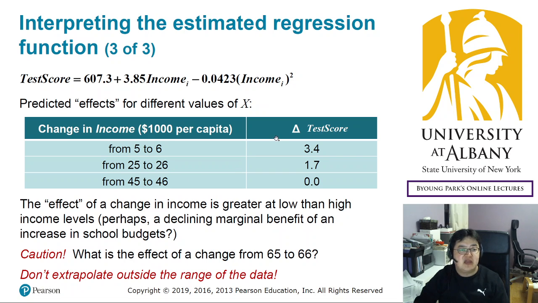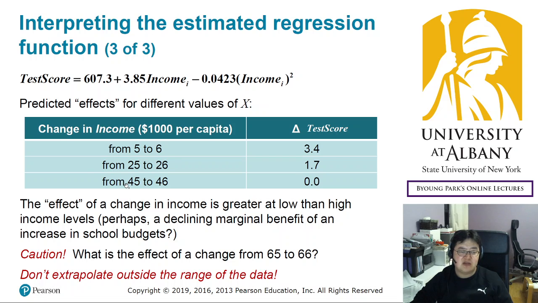We just considered a change from 5,000 to 6,000, but if you consider 25,000 to 26,000 or 45 to 46, all of them are $1,000 differences, but their effect on test score is clearly very different.